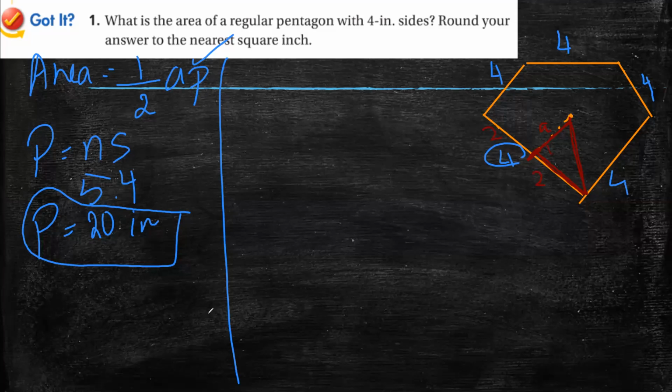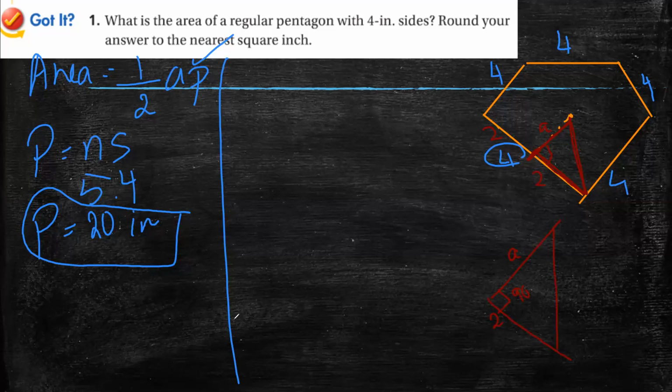So for this triangle here, let's use it now. We will have an apothem, we will have 2, and we will have this one, 90.